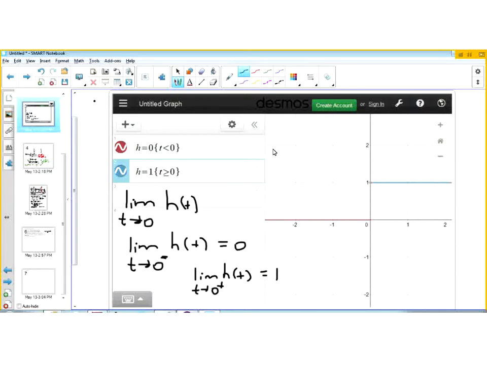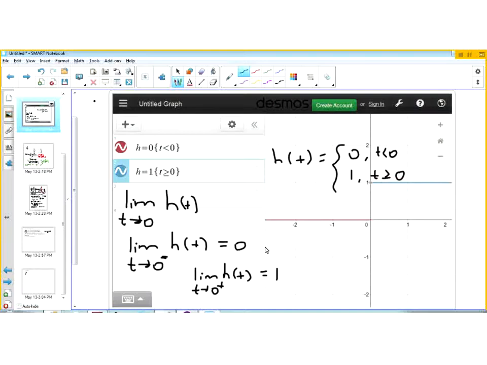Okay. And just for good measure, I'll go ahead and write h of t piecewise. Here's how you would write h of t as a piecewise defined function. It's equal to 0 for t less than 0, and it's equal to 1 for t greater than or equal to 0.